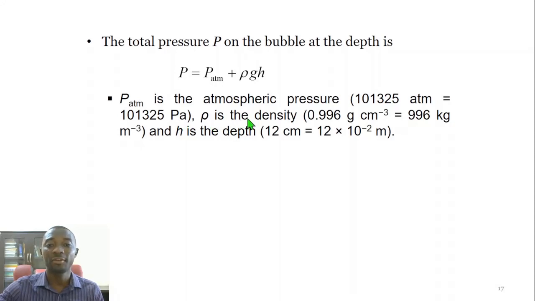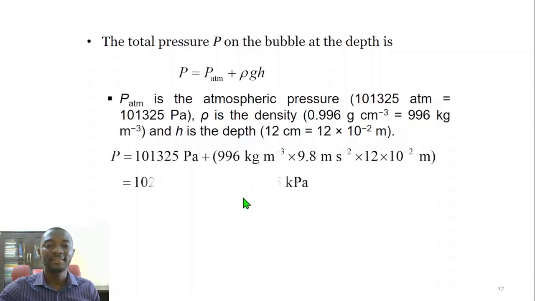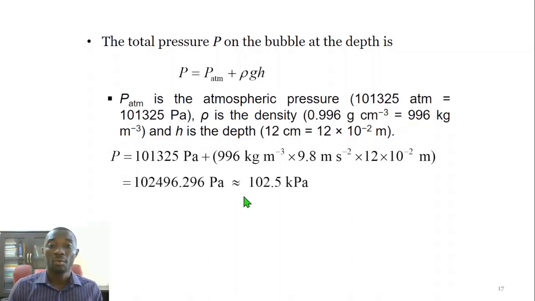This is the density of the liquid, the juice, 0.996 gram per cm cube, which is equal to 996 kilogram per meter cube. H is the depth, which is 12 centimeters, equal to 12 times 10 to the power of negative 2 meters. If we substitute these values into this expression, we obtain 102.5 kilopascal.